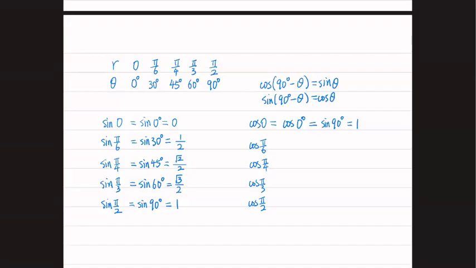Okay, Amy, next one. Cosine pi over 6. Step by step. What degree? 60.